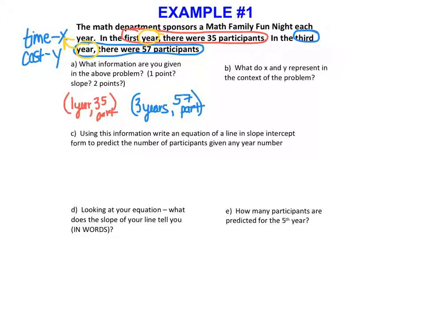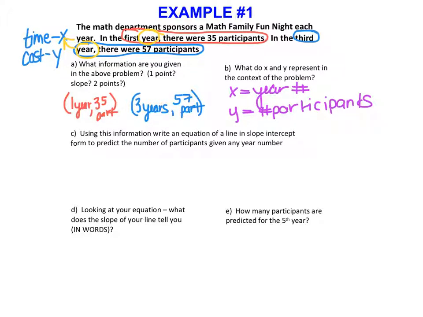As I make these points, I'm assigning my x variable to be the time. So x is the year number, and y is my number of people participating, or my number of participants.